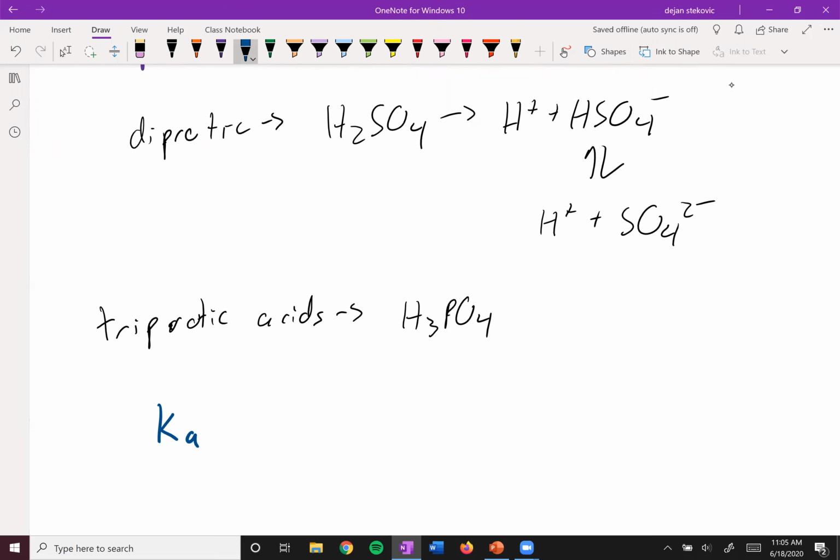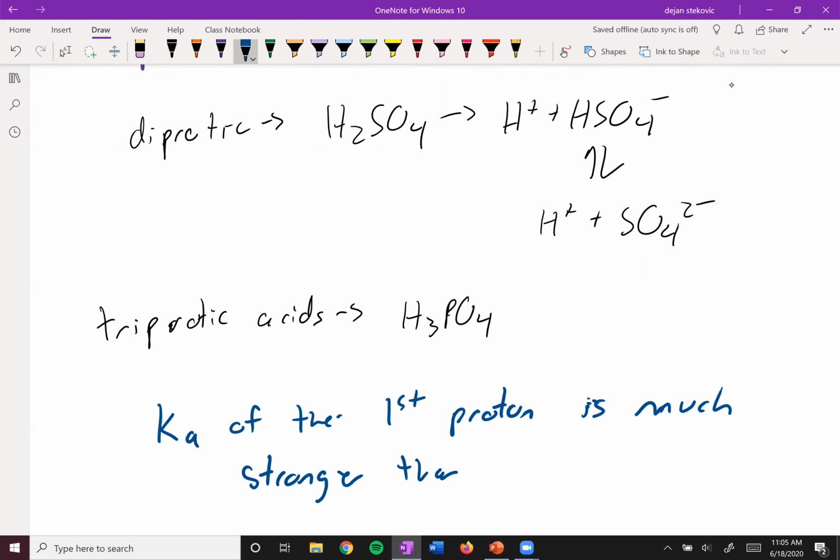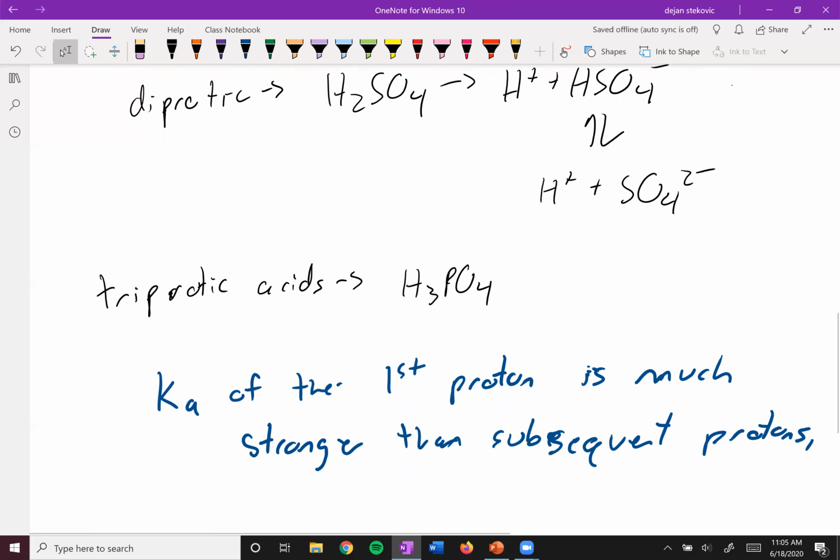That's because the Ka of the first proton is much stronger than the subsequent protons. We'll call this Ka1, and then these would be Ka2, Ka3.